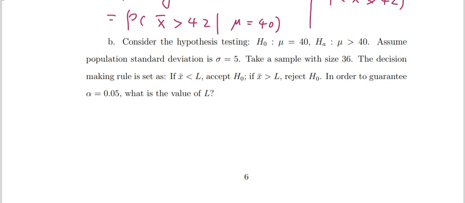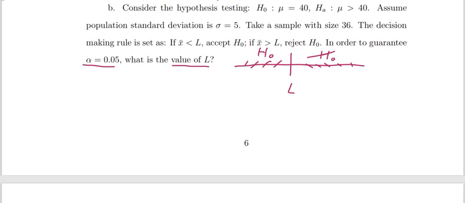So from alpha, we want to find the cutoff point L. The decision-making rule is this: cutoff point L. If x bar is less than L, we accept H0. Larger than this cutoff point, we reject H0. So we need to find L.